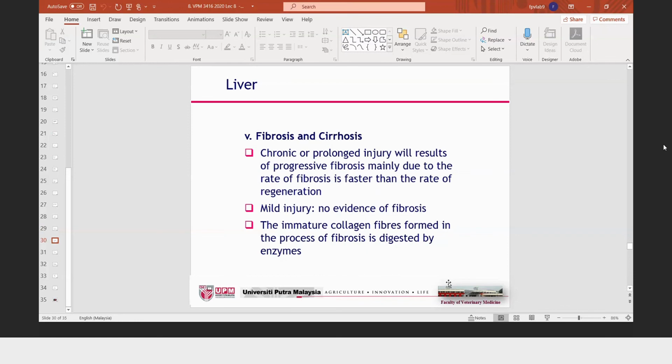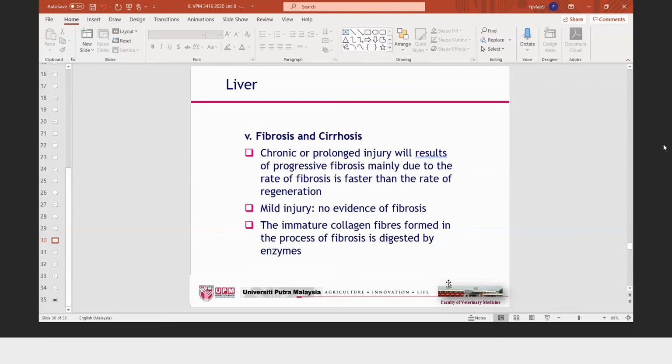The issue is that when the process of regeneration is slower than the process of damage, it might lead to fibrosis, or in the worst form, cirrhosis. So fibrosis and cirrhosis are due to chronic or prolonged injury, with progressive necrosis and fibrosis, mainly because the rate of fibrosis is faster than the rate of regeneration.